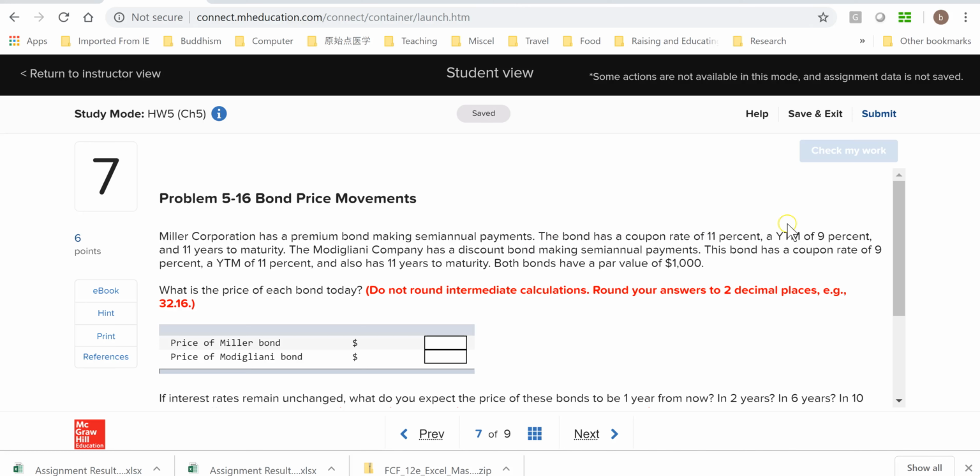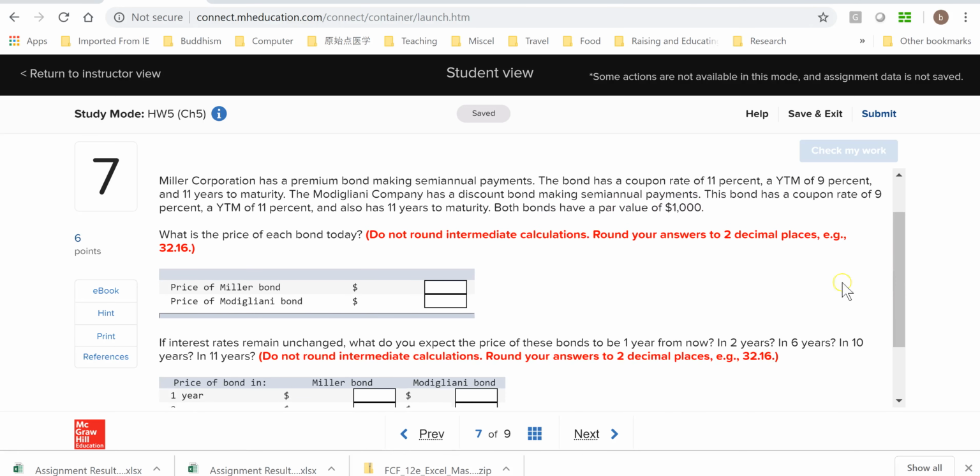And that's exactly the case. And for the other company, it's the other way around. The yield to maturity should be higher than the coupon rate, hence the price is lower than the par value.